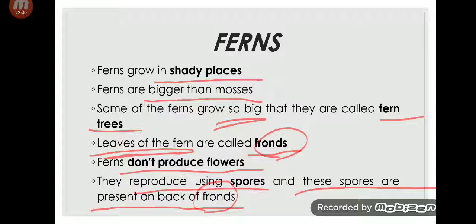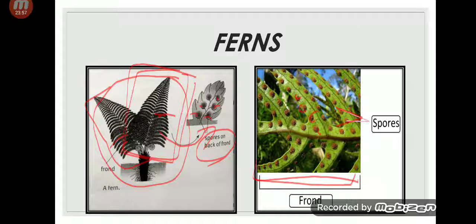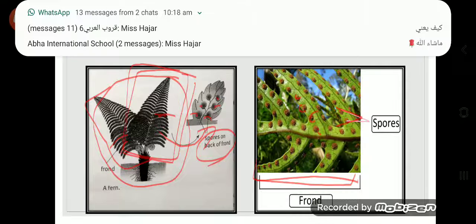They reproduce using spores just like mosses. But in mosses, the spores are produced inside a capsule, and in the case of ferns, the spores are present on the back of fronds. Here you can see in the picture that there are spores on the back of a frond, and these spores will produce new plants.